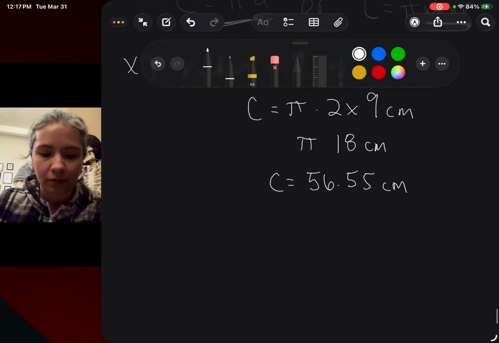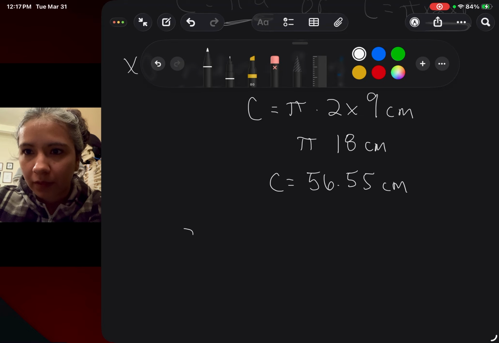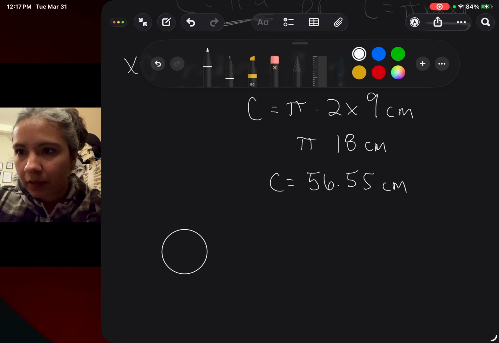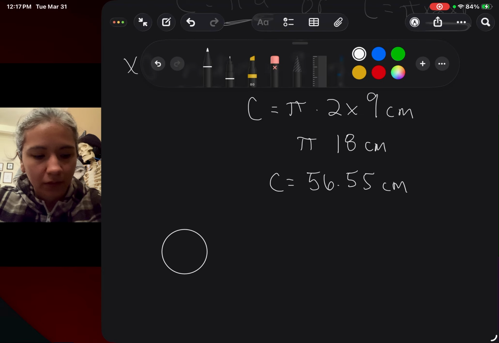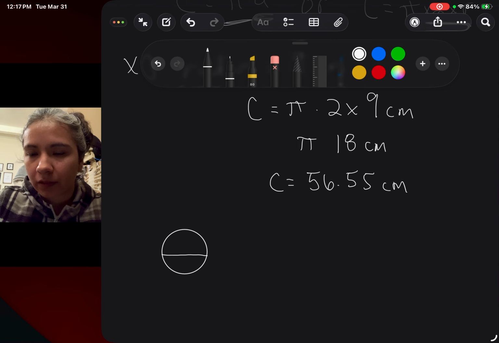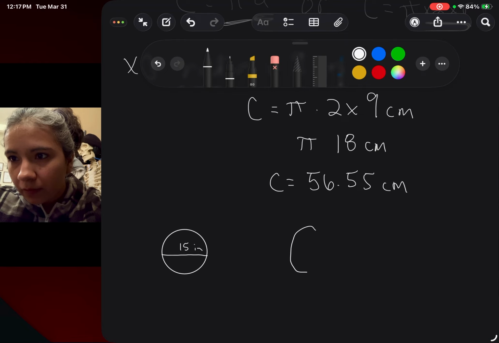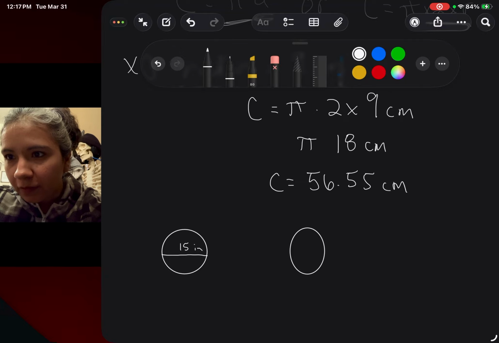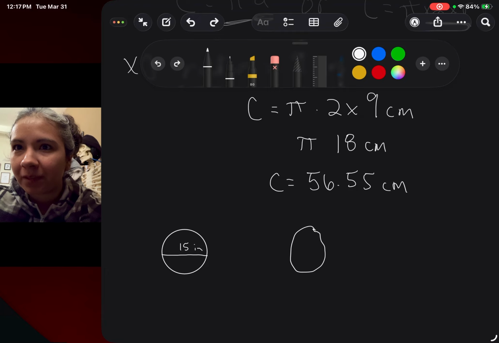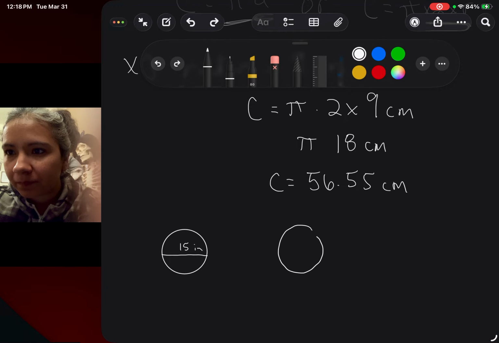So now let's do another one. Let's find the circumference of each circle. Here's one. Let's say the diameter here is 15 inches. Let's do this one as 6 feet.